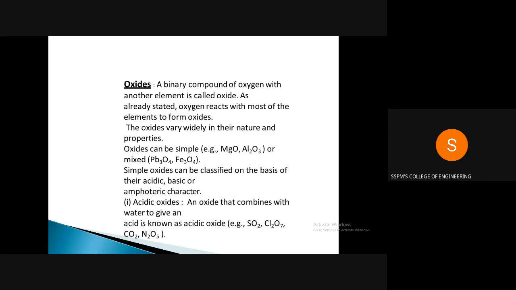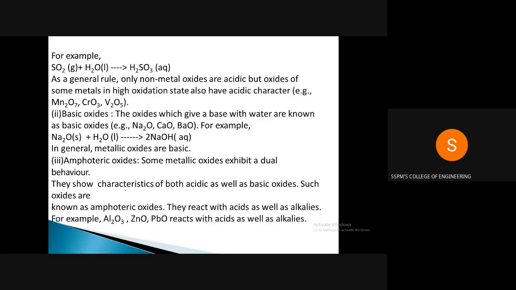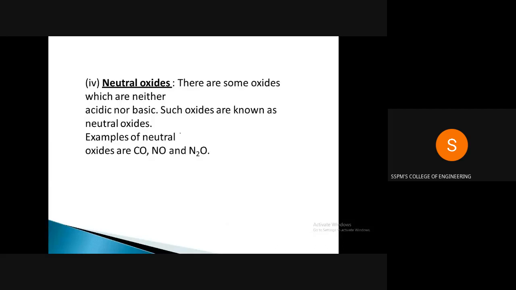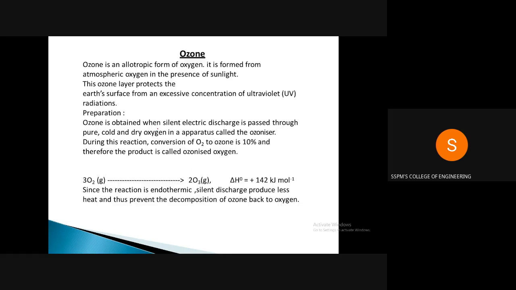Then oxides, we already know the oxides. Neutral oxides are carbon monoxide, nitrogen oxide, and nitrogen dioxide. So these are the neutral oxides.